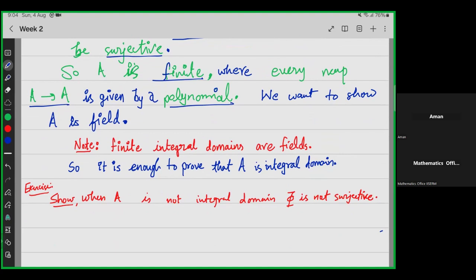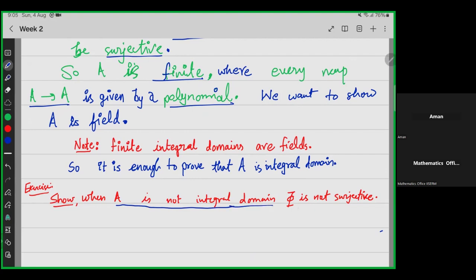Another thing is that finite integral domains are all fields. So it is enough if we can show A is an integral domain, then it will be a finite field.